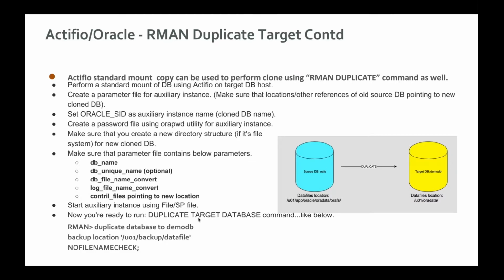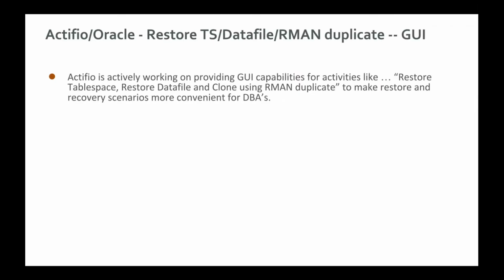But we are glad to announce that ActiveView is actively working on providing all these capabilities using the ActiveView desktop. Shortly, ActiveView is going to provide all these restore operations, like tablespace, data file, or RMAN duplicate target operation, corrupted database blocks, and restoring and recovering your lost control files, with a complete GUI.